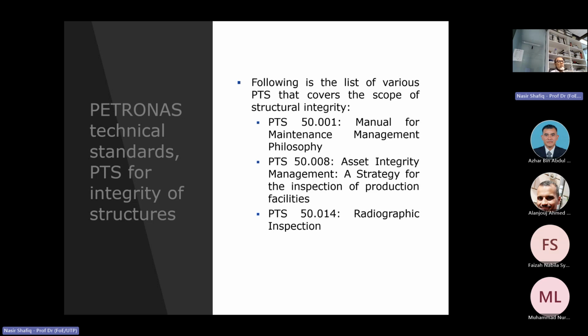These three Petronas standards are related to asset integrity management, or part of it, structural repair, reliability and appraisal, because a major chunk in any industry is engaged in maintaining the structure.